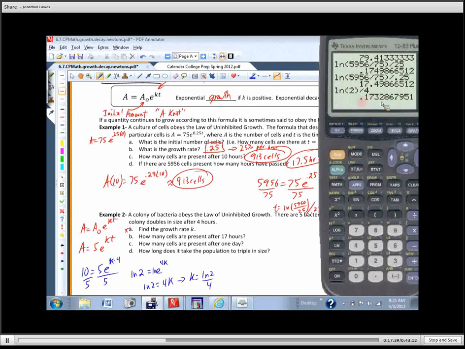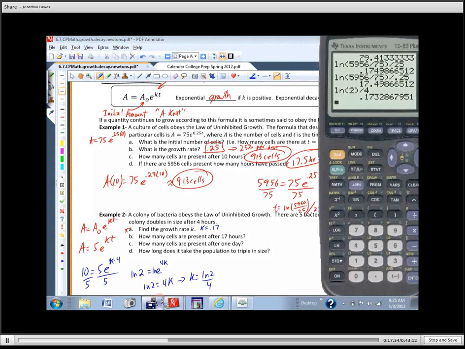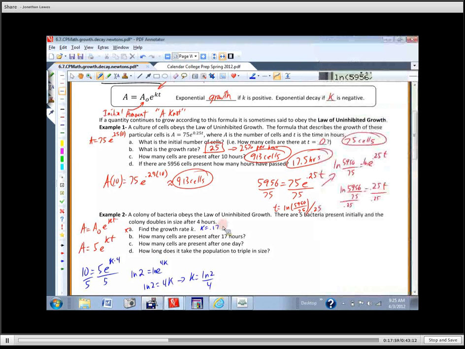Okay, there's our answer. If you round too much, your answers are going to get quite inaccurate very quickly. So we're going to say k is equal to 0.173286. Okay, there's k.